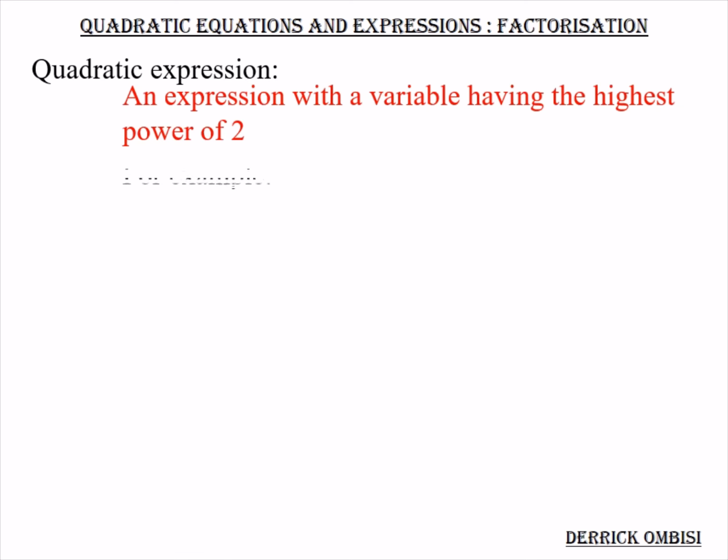For example, if you have an expression ax raised to 2 plus bx plus c, the statement here is known as a quadratic expression because you can see the variable that is x has a power of 2. So any expression with a variable having the highest power of 2 is known as a quadratic expression.